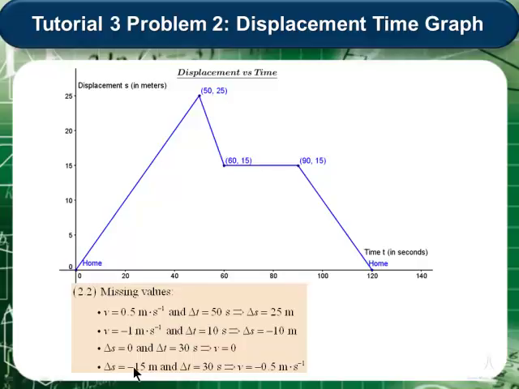And we can then also calculate the velocity at which he walks from the shop to his house. If you calculate delta s over delta t, it's minus 15 over 30, you'll see it's also minus 0.5 meters per second. Again, I leave it for you as an exercise to find the defining equations for each of these increasing, decreasing, and constant linear functions, as well as stating the domains over which they are applicable.